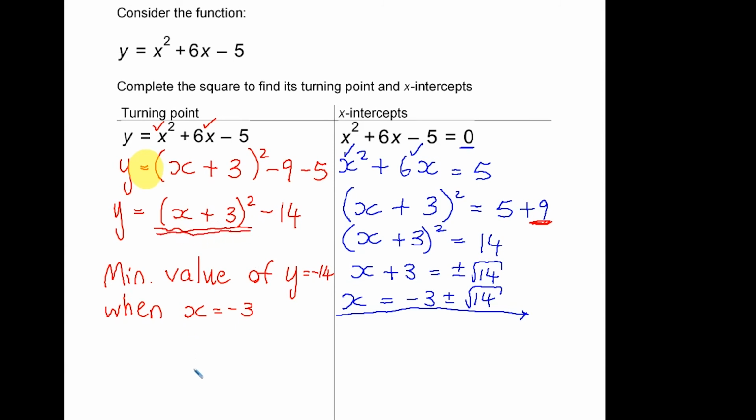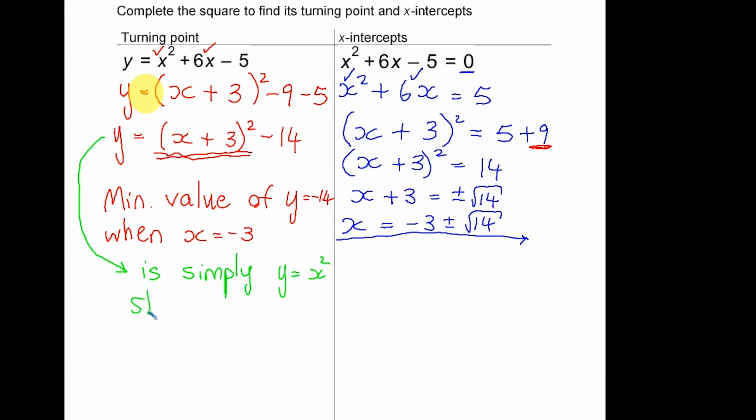Because if x is any other value than minus 3, we're going to be adding on something, because this piece will be positive. Another way of thinking about that is just that this expression that we've now got is simply y equals x squared, all right, shifted. Remember that if we add to the x value, the function shifts 3 to the left, and if we subtract at the back, it shifts 14 down.